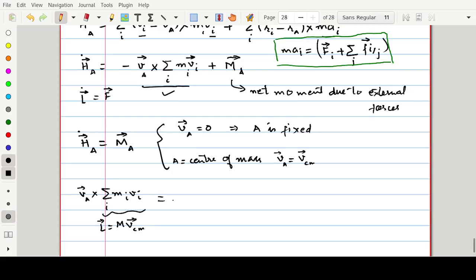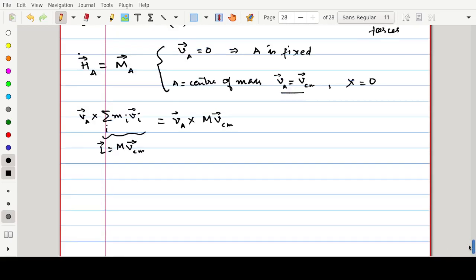So this is going to be VA cross m VCM. And when VA is equal to VCM, this term, let me call this term as X, this X is 0.